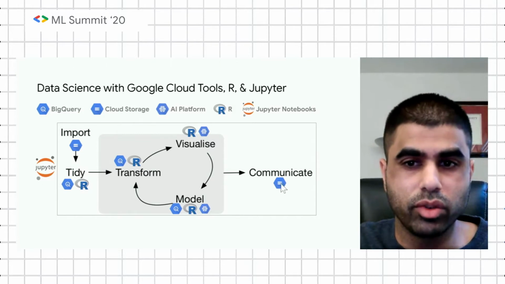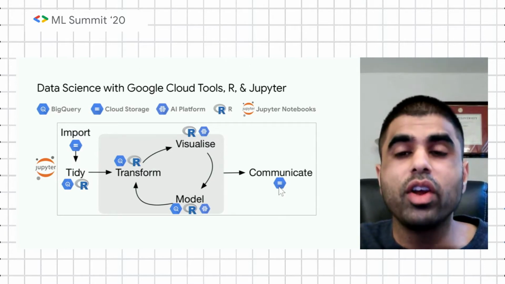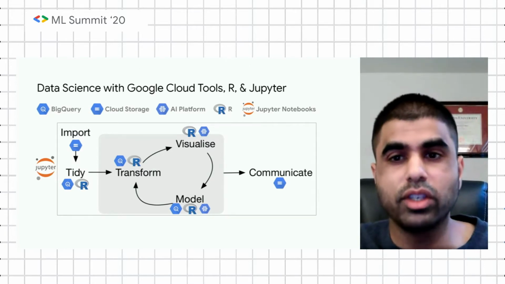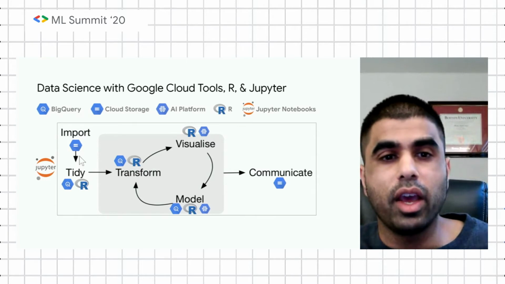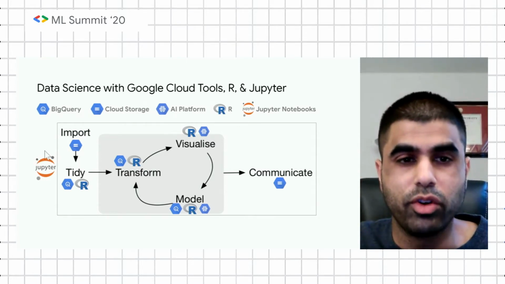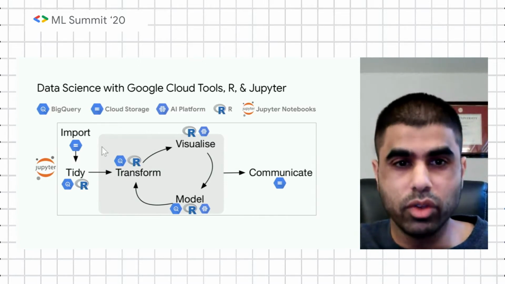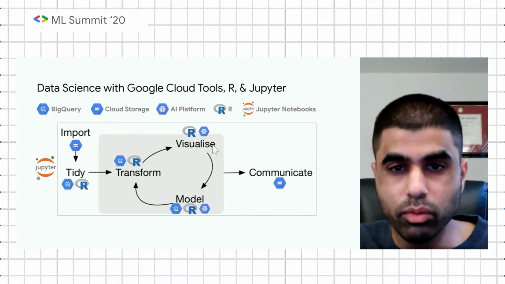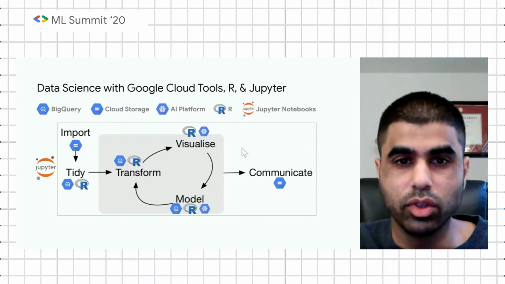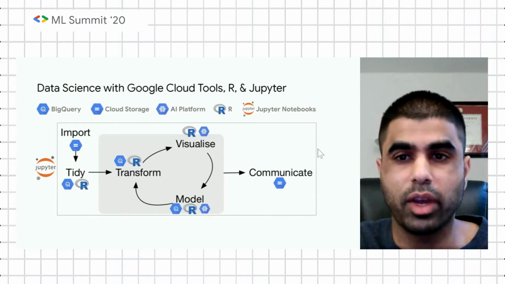There are actually many different tools here. I put Cloud Storage because in some cases what you might do is create an output from R and put it back on Cloud Storage to be shared more widely. All of this process can run in a Jupyter Notebook environment, and that's what we'll demo at the end. So you can see how these tools come together. We're not going to cover all capabilities of all tools, but we'll try to hit on what each tool is useful for and how it all works with R.